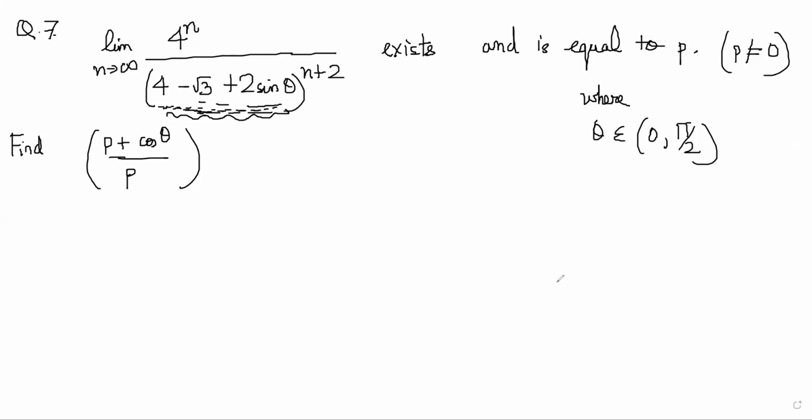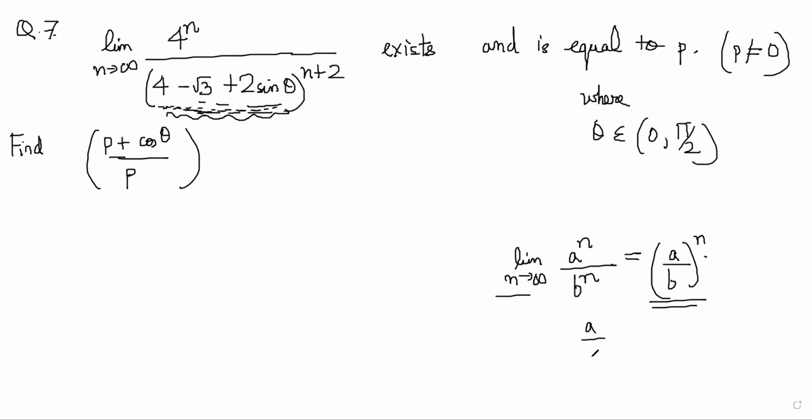So suppose I gave you something like this, a power n by b power n, right? So basically a by b power n, limit n tends to infinity. As long as a by b is greater than 1, then the limit is infinite, so the limit does not exist.